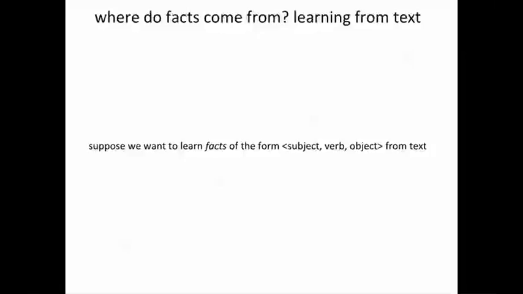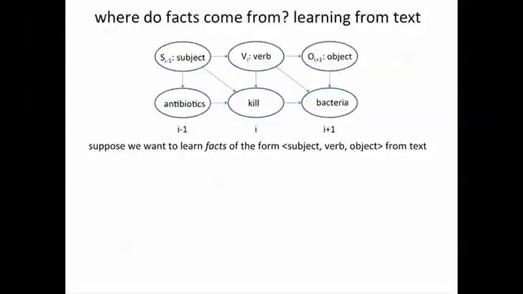Suppose we want to learn facts of the form subject, verb, object from text. We might use a Bayesian network of the following form, where we have subject, verb, object, which processes triples in the text and might come up with a situation like antibiotics kill bacteria.